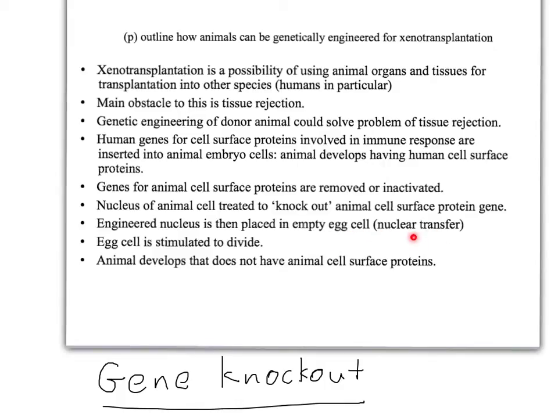Take the cell, put it into an empty egg cell, make it divide into an embryo, and then you have an animal which doesn't show pig antigens, but can also display human antigens, and those cells or organs will be much more effective at being transplanted into a human. Okay, so that deals with xenotransplantation.